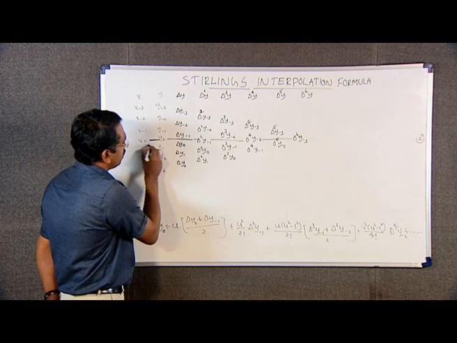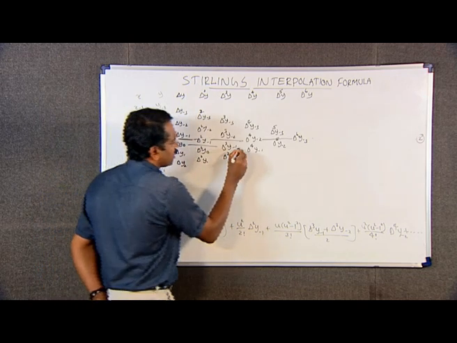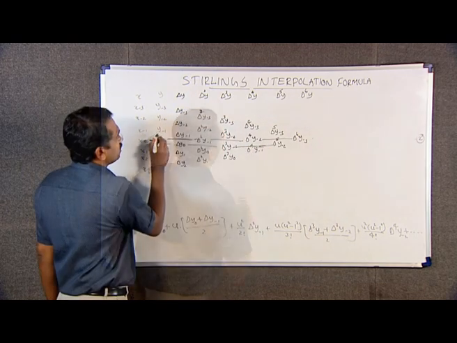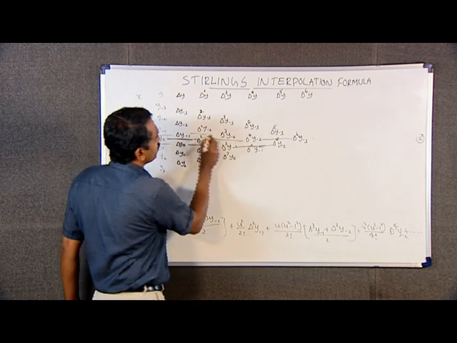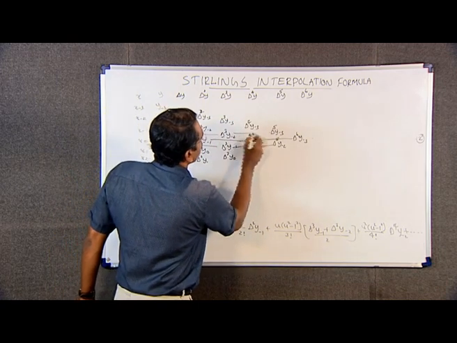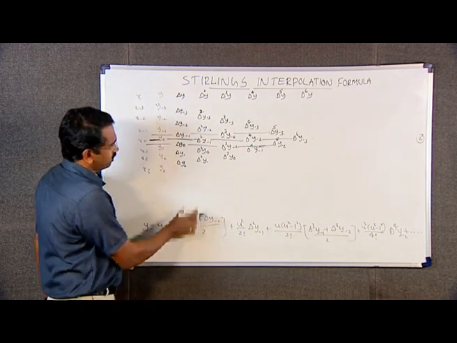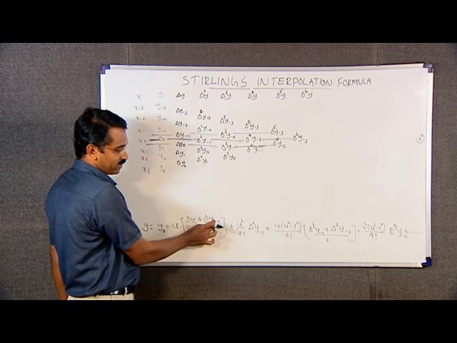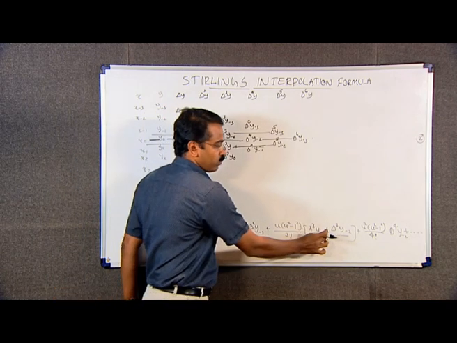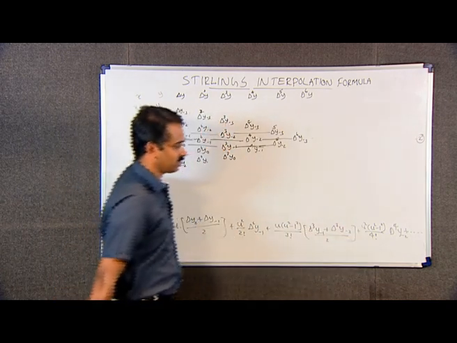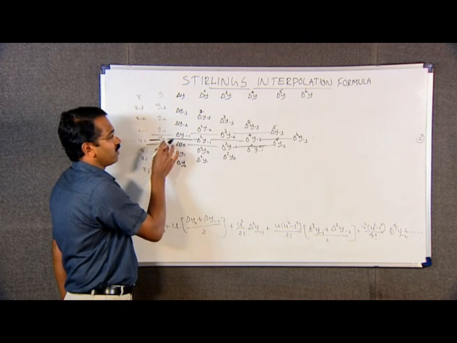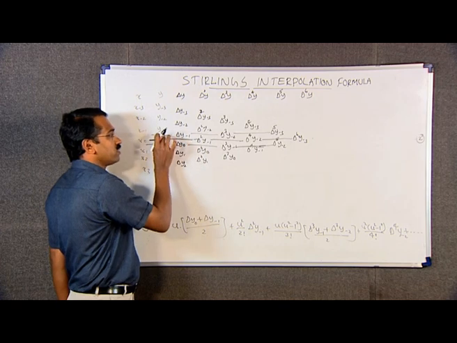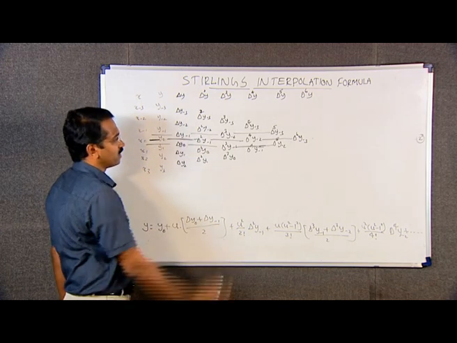This is the line below the center line, and this is the line above the center line. All the odd order differences, that means delta y naught, delta y minus 1, delta cube y minus 1, delta cube y minus 2, etc., all lie in the line below the center line and the line above the center line.